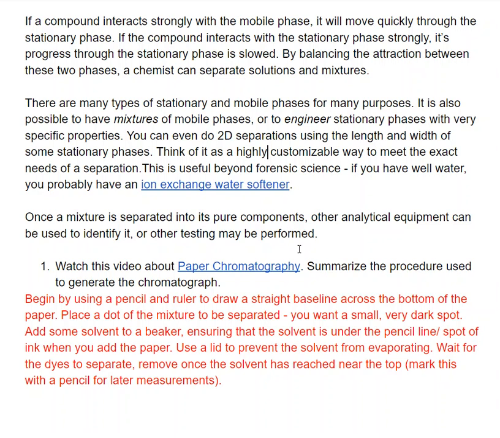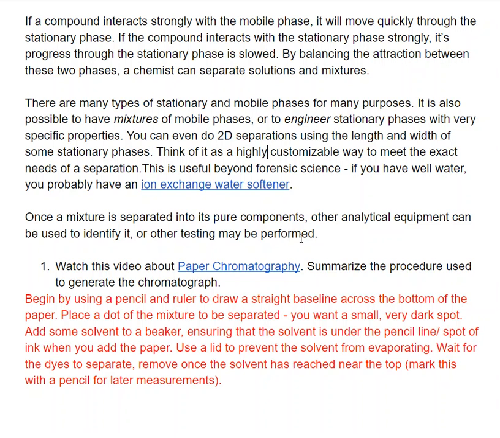So this is useful beyond forensic science, right? You usually do your paper chromatography separation with spinach leaves or a marker or something like that. But we can use it well beyond those sort of forensic science applications. So, for example, if you have well water, if you live in the Mayo area like I do, you're going to have an ion exchange water softener.